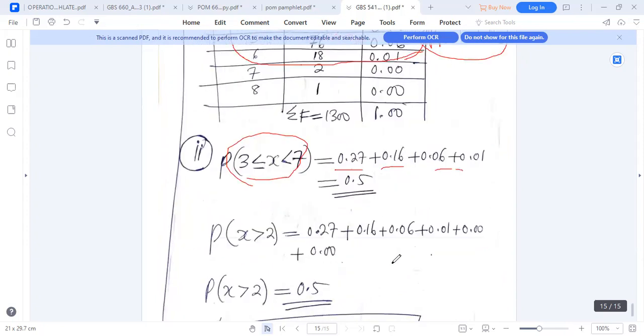So our probability is giving us this, and then the other one was the probability that x is greater than 2.